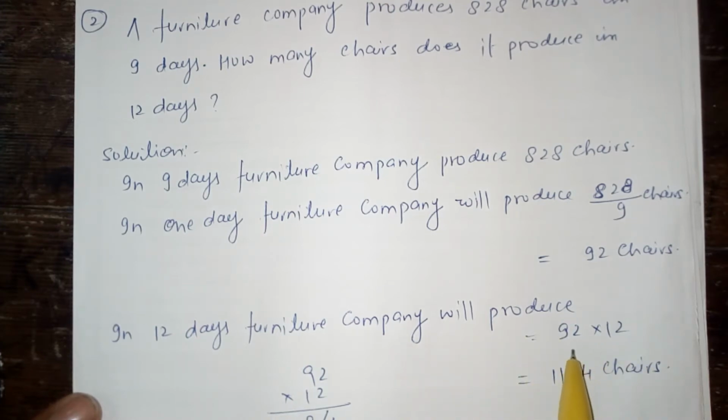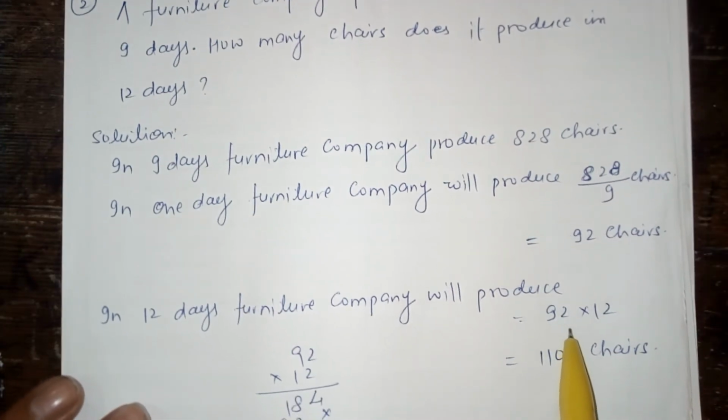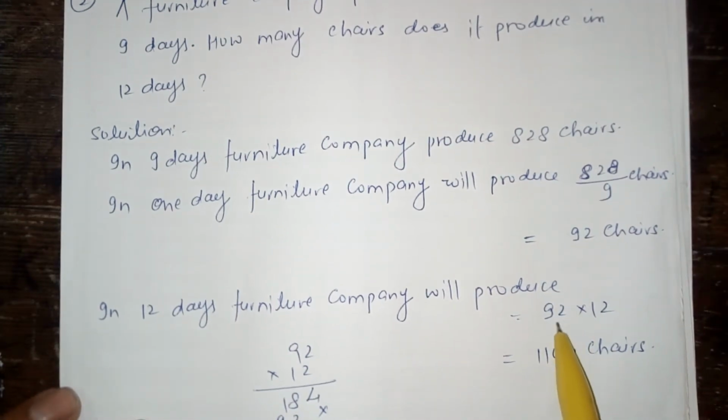The meaning is, when you find out the value of more than 1 unit, we will apply the multiplication procedure. So in this question we will find out how many chairs the company will produce in 12 days. This is 92 into 12.